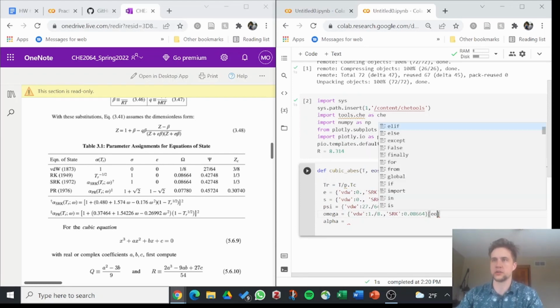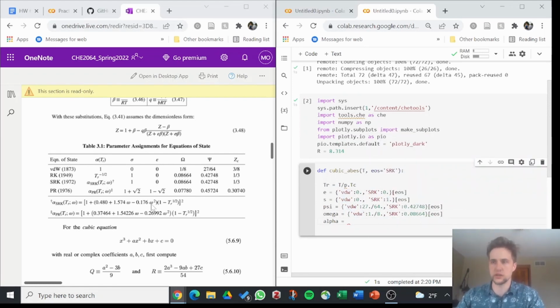Put that in our dictionary. And then alpha. Alpha for van der Waals is 1. It's nice and easy. However, when we get to SRK, we're going to find it's not as easy.